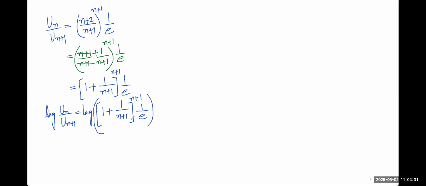So this log will distribute on both sides. Log a into b is log a plus log b. Log a is 1 plus 1 by n plus 1 whole to the power of n plus 1, plus log b. Log b is log of 1 by e. Same formula we have to apply.